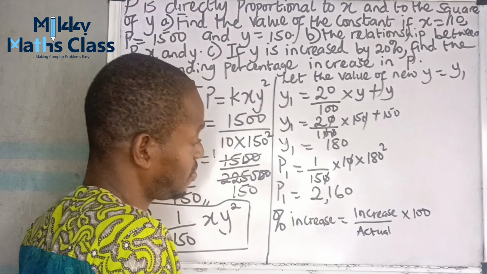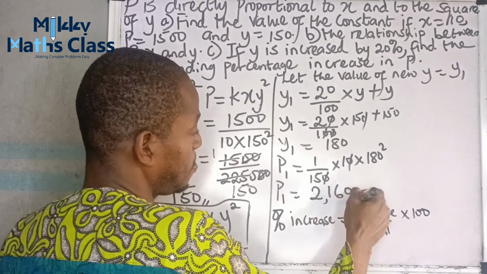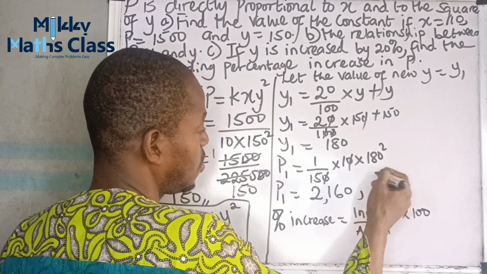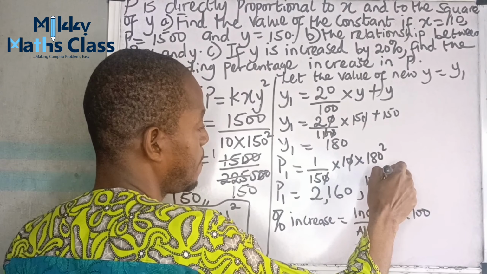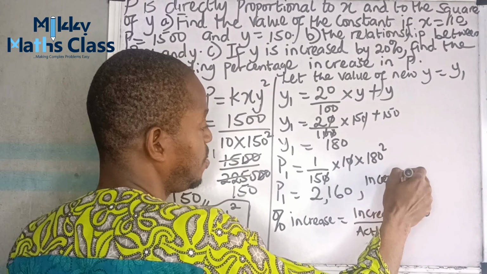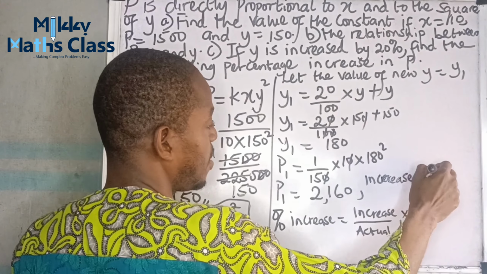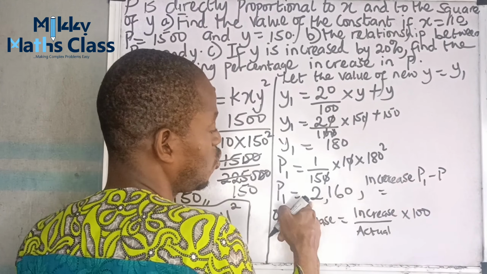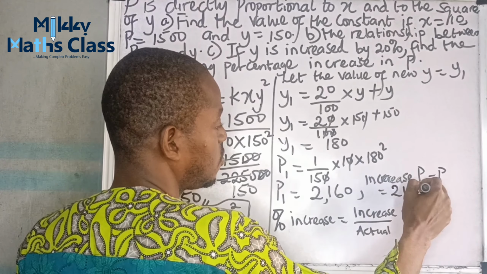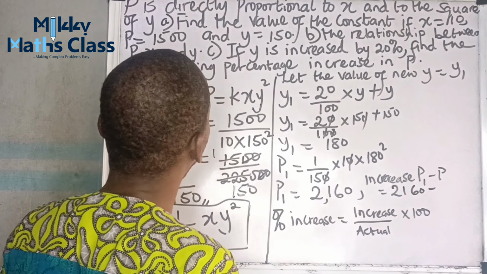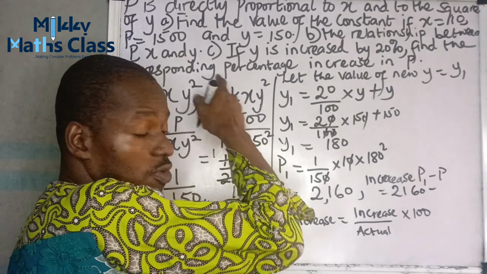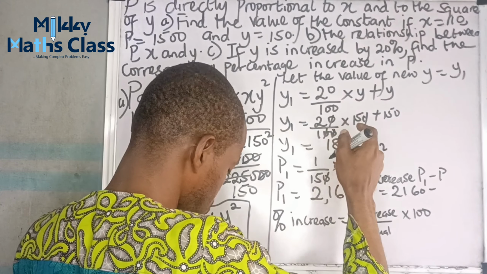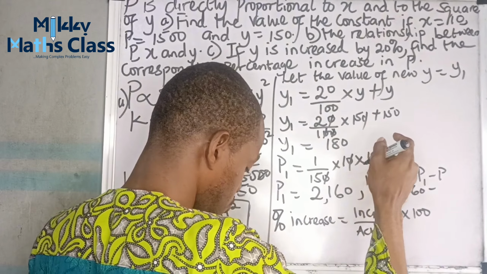So let's find the increase. Our increase is P1 minus P. So which is 2,160 minus, what's the value of our P before it was increased? 1,500, minus 1,500.